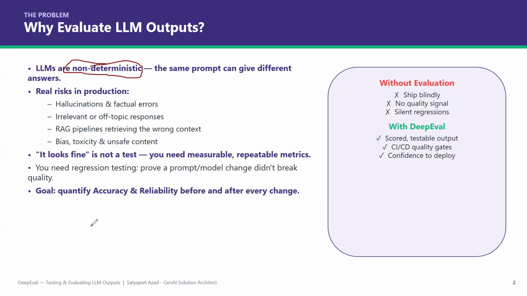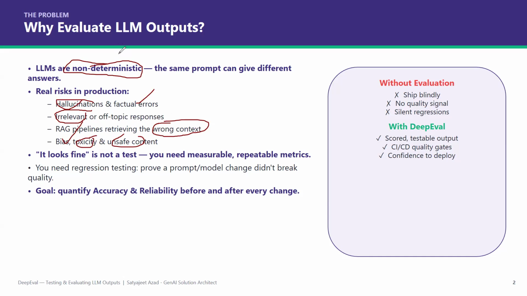But what is the risk in production? Factual errors, that is hallucinations. They may give you irrelevant responses, which are off topic. Even if you have a RAG pipeline built in, they may give you wrong-context responses, responses that are biased in nature, unsafe content, toxicity, things we all struggle with when we implement RAG, agentic AI, or any AI system.